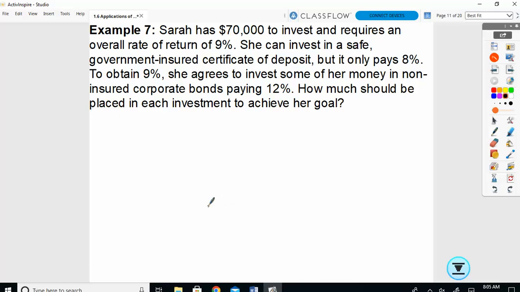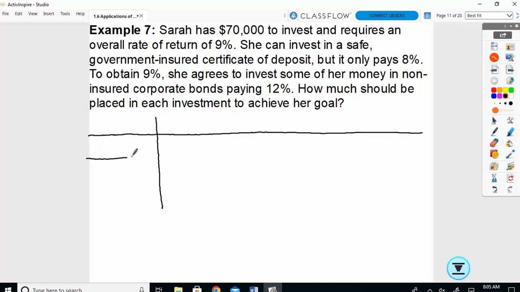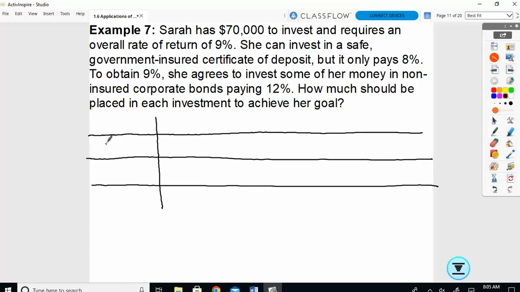Right, there's a ton of numbers there. What's happening? She's investing, so she has this big lump sum, and she's going to split it up and put it in two different investments. Okay, so we have the first investment, the second investment, and the total, kind of like yesterday. So when we set this up, we're going to stick with the table to help organize all this information.